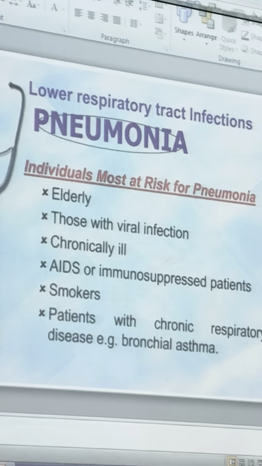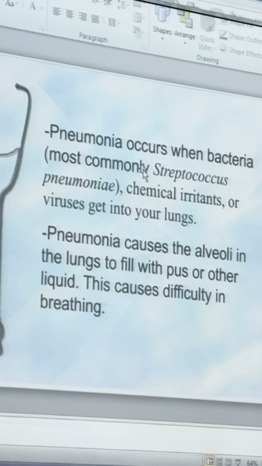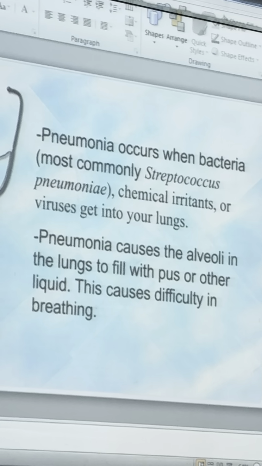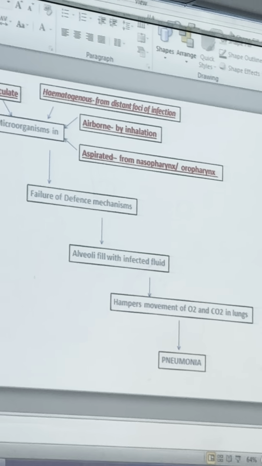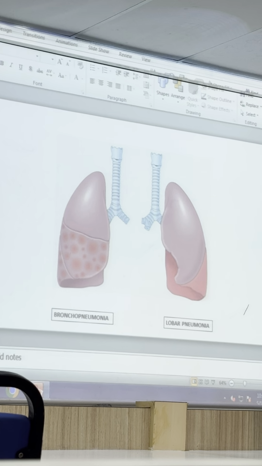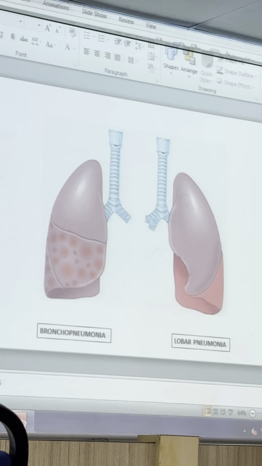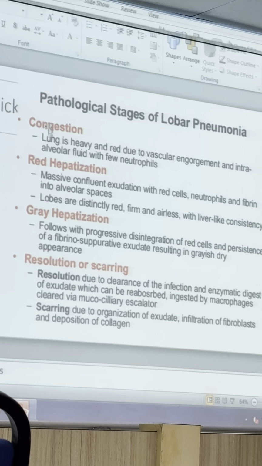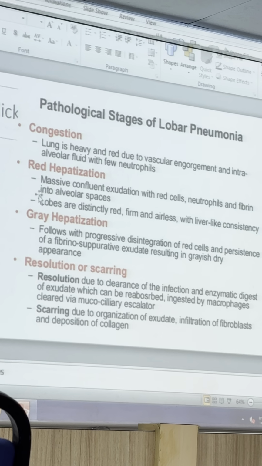Pneumonia, you need to remember the organism, that is Streptococcus pneumoniae. Two types of pneumonia: bronchopneumonia and lobar pneumonia, and the names of the 4 stages of pneumonia.